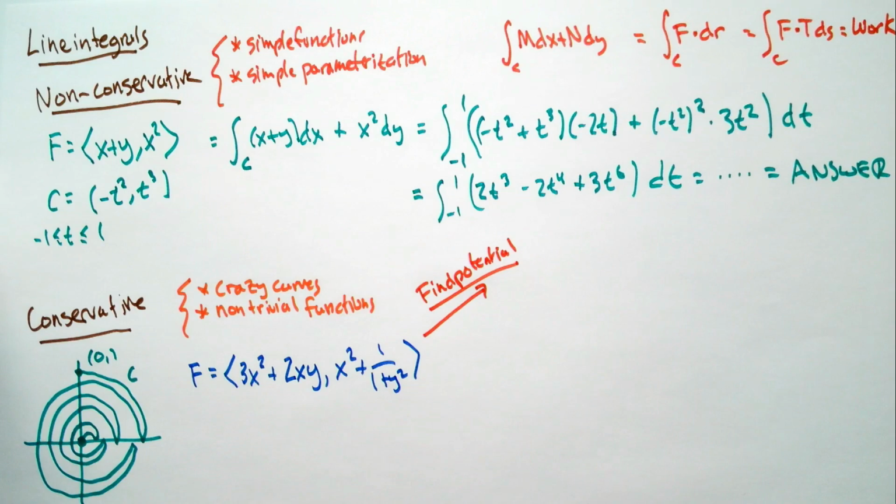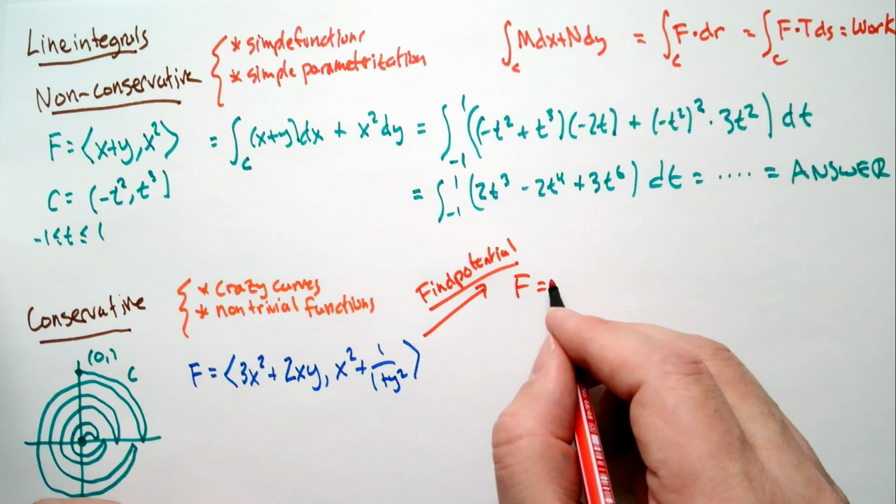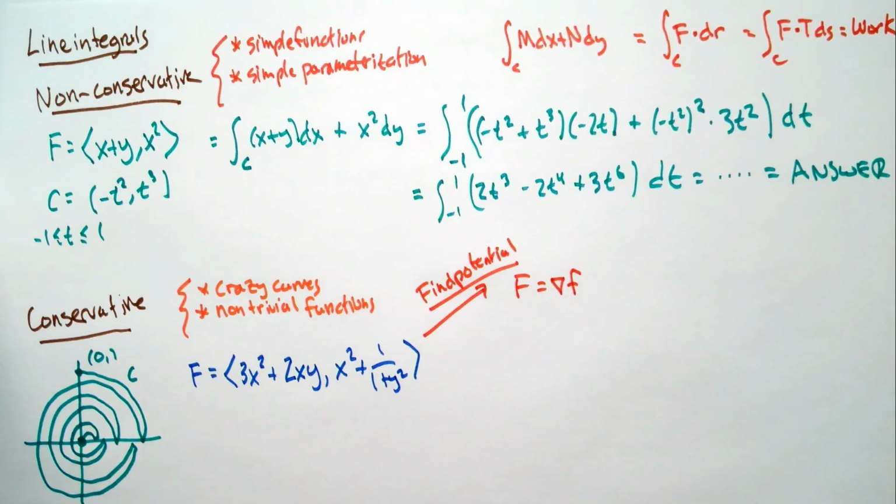Okay, so what does that mean? Well, we're trying to find something where capital F is equal to the gradient of f. So I'm looking for that little function f. Essentially, you can almost think of it as, what's the antiderivative here?